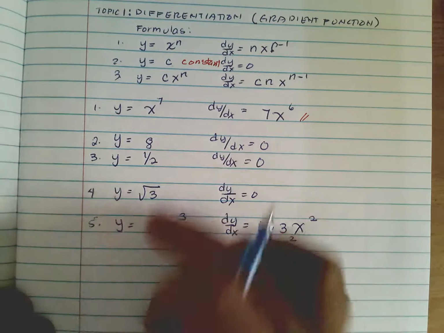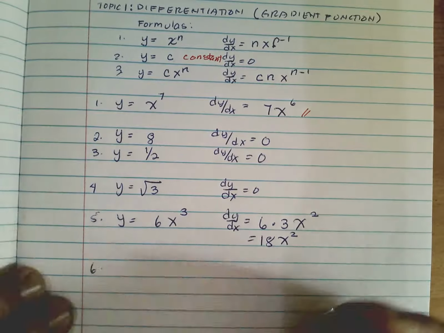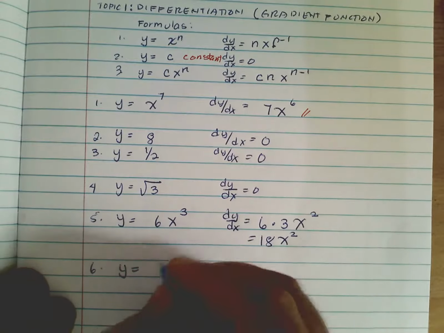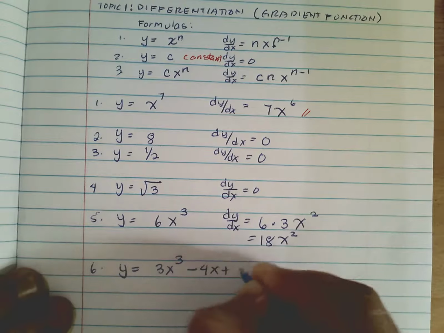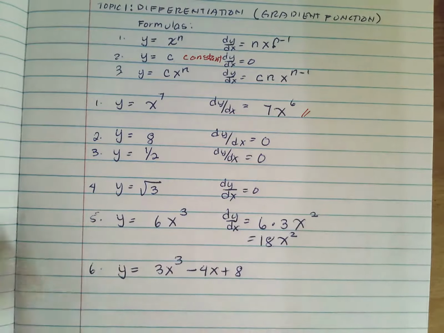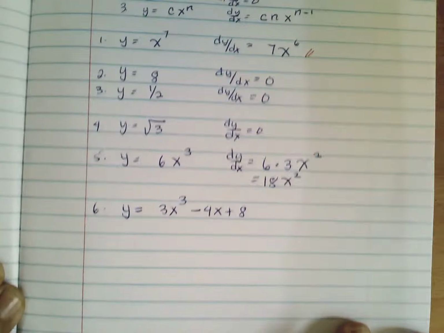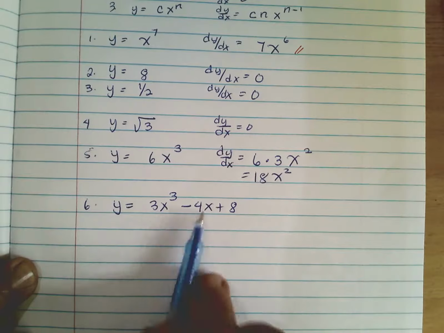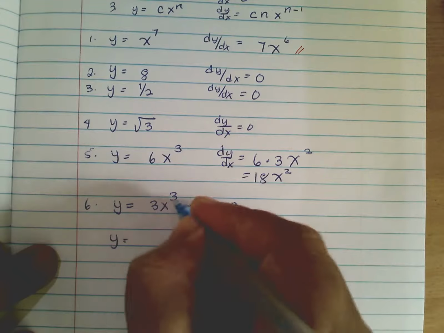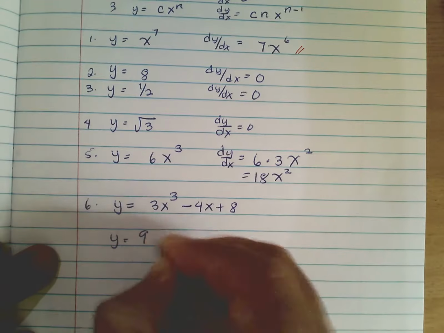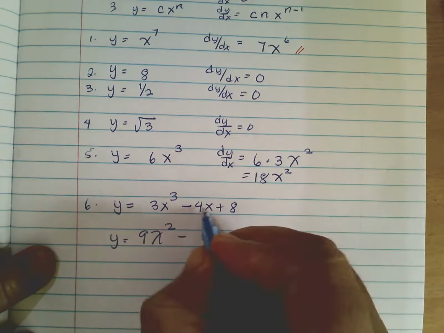What about if we combine all of these formulas in one question? Let's say, for example, I have number 6. So my y is equal to 3x cubed minus 4x plus 8. So for you to be able to answer this kind of question, you're going to use the formulas on each term. So you have y is equal to this, you put in front, 3 times 3 is 9, x raised to 3 minus 1 is 2, minus 4x.